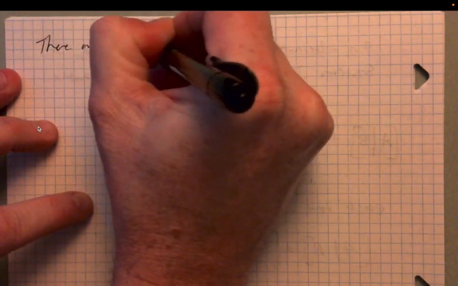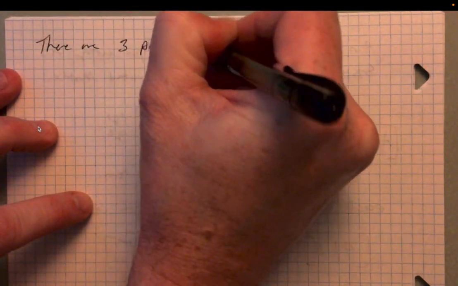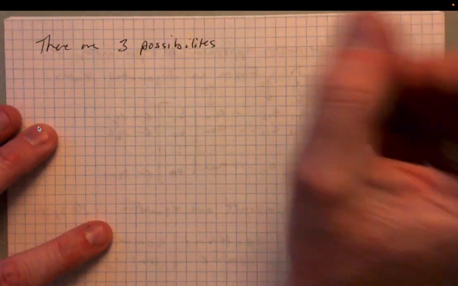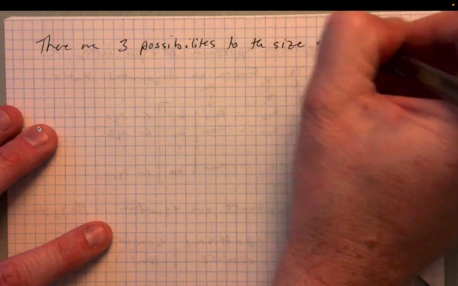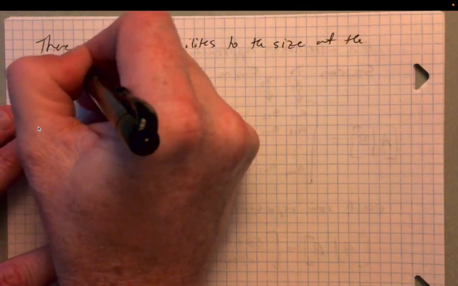Okay. And so there's really three options. There's three possibilities for the size of the solution set.